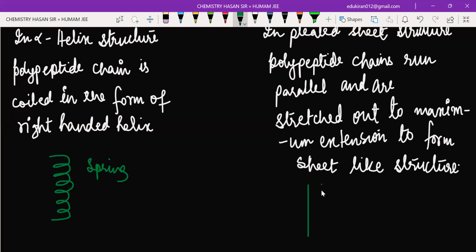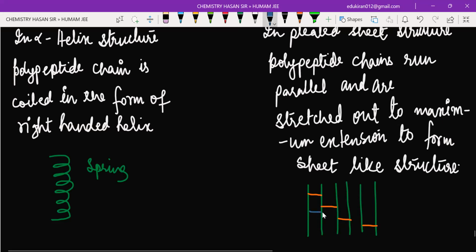And for this, it's the pleated sheet. It's something like this. And this bond is basically hydrogen bond. Right.